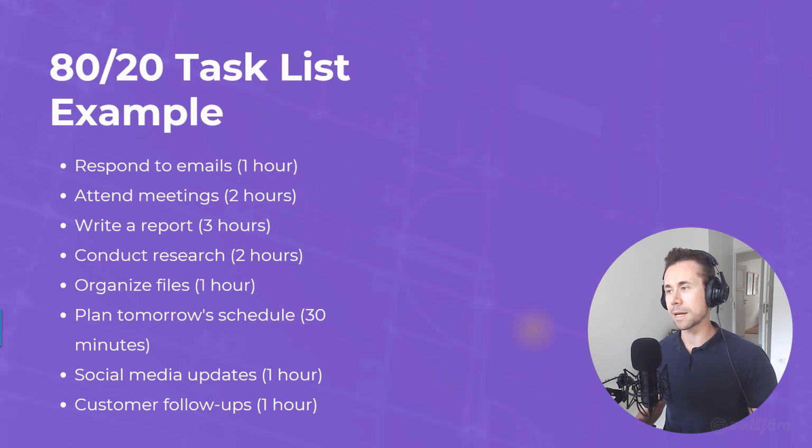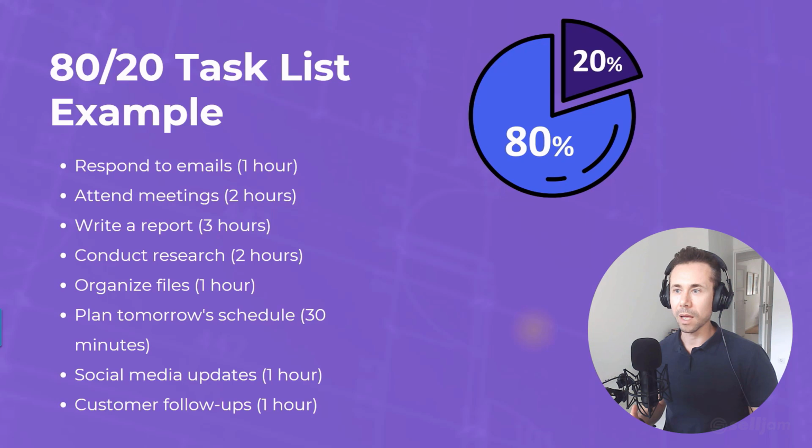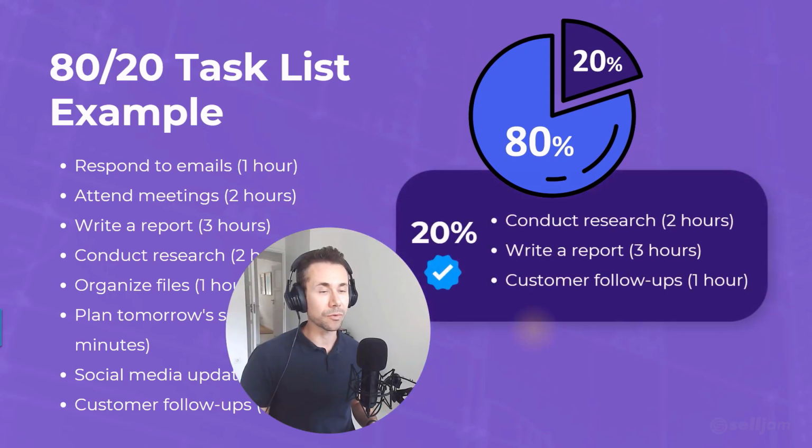Looking at this list to try and get to the 20% that would yield the most results, we are looking at conduct research, which is 2 hours, then write a report, which is 3 hours, and then customer follow-ups, which is 1 hour. Conducting research is a very important step with any project or any business task.